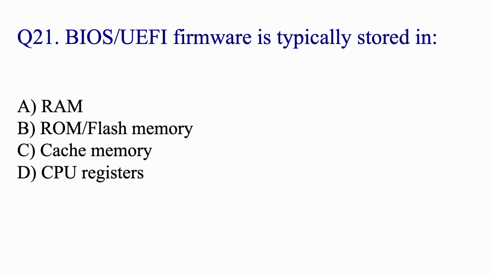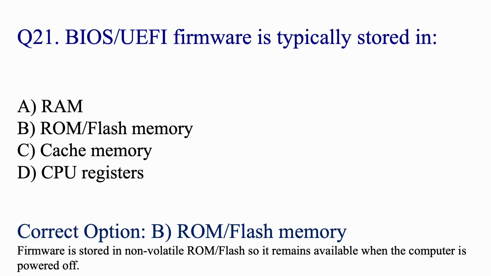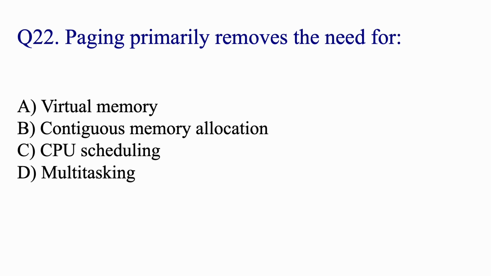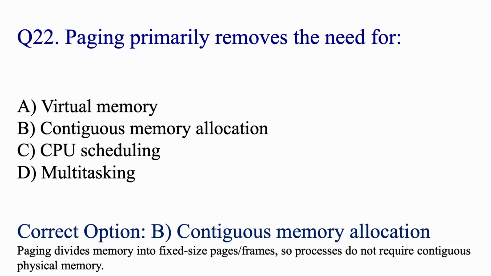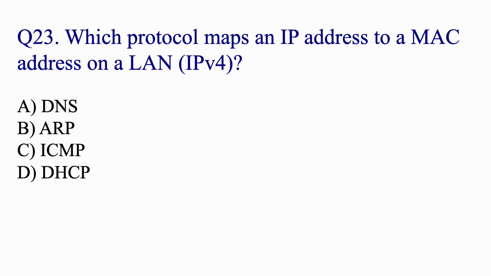BIOS UEFI firmware is typically stored in RAM or flash memory. Paging primarily removes the need for contiguous memory allocation. Which protocol maps an IP address to a MAC address on a LAN IPv4?